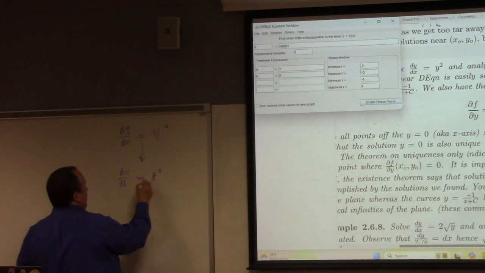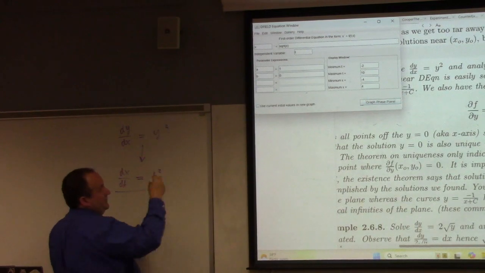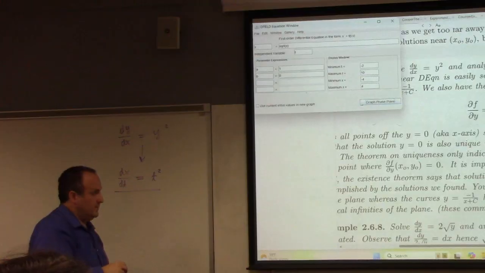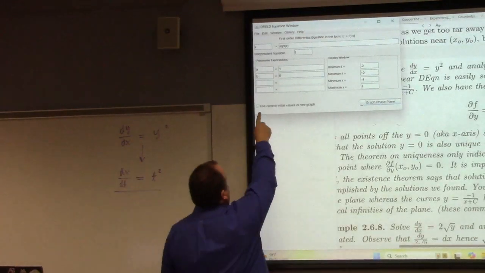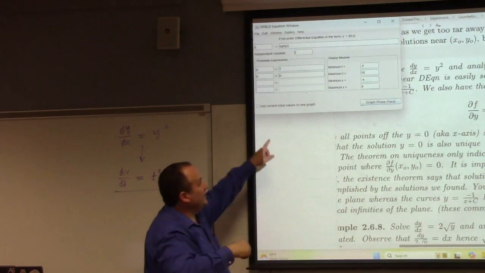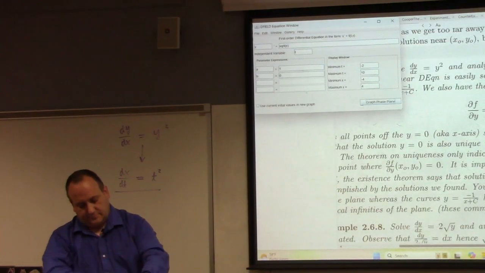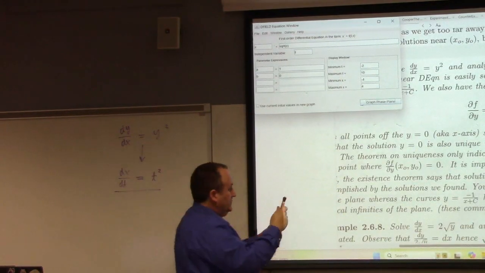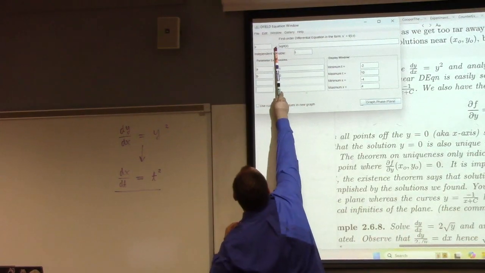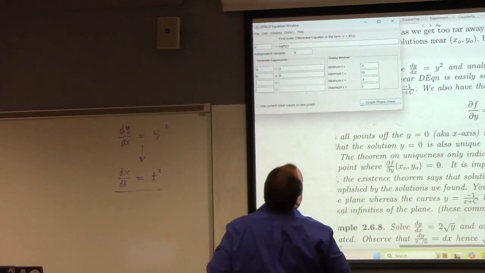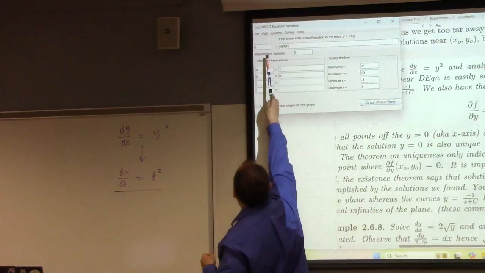That would be the analog in my software. Unfortunately, I don't know how to change the letters there. See up here, I have x prime, and it's really hard to see, but there's a little prime. Do you guys see it? Right there. I guess I could do y prime, or put a different letter there.